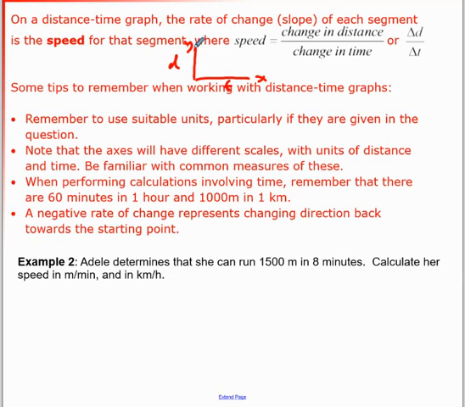So the rise in the y divided by the run in the x, or the y over the x, the d over the t, would give us a rate of change. And that makes sense because you know that speed is measured in kilometers per hour. So kilometers per hour, distance over time.